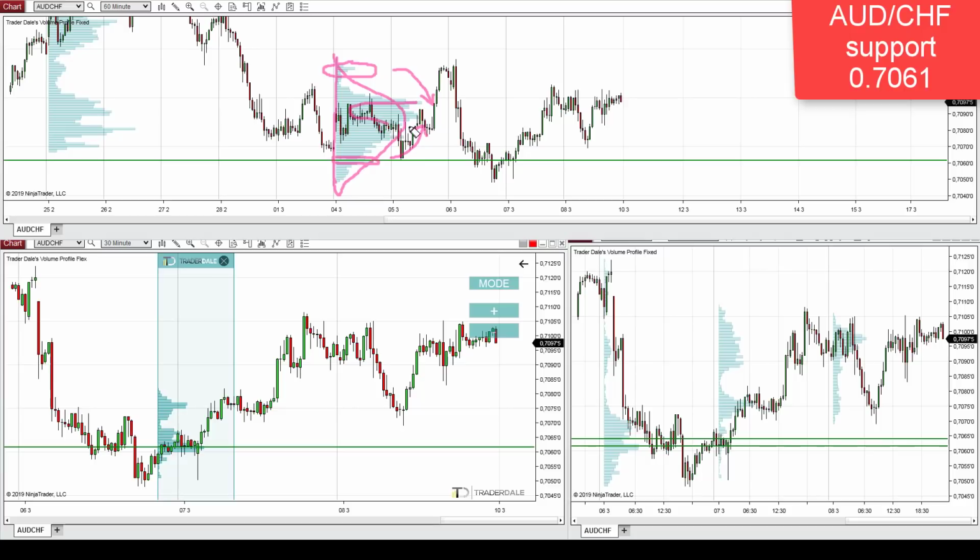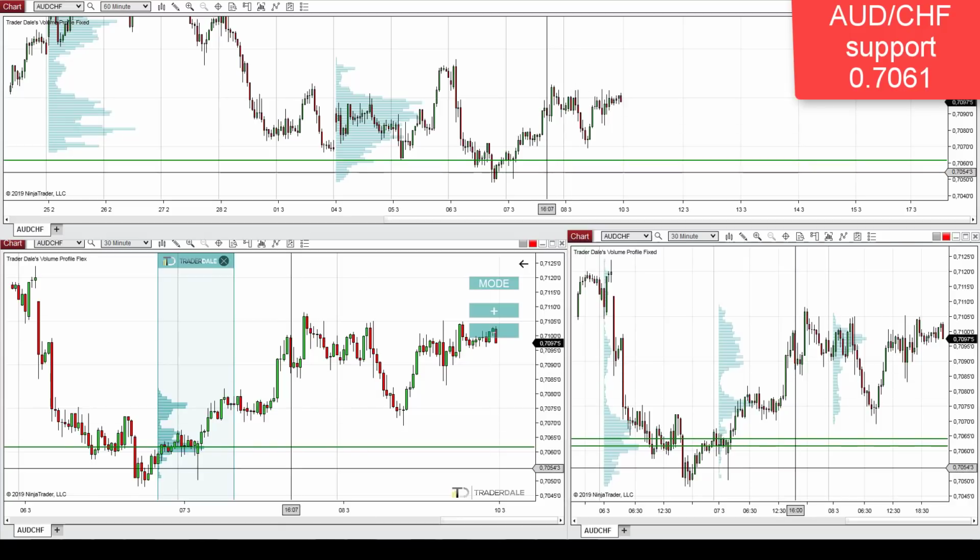This is the point of control, so you want to target your trades in the center of the D-shaped profile, all right?